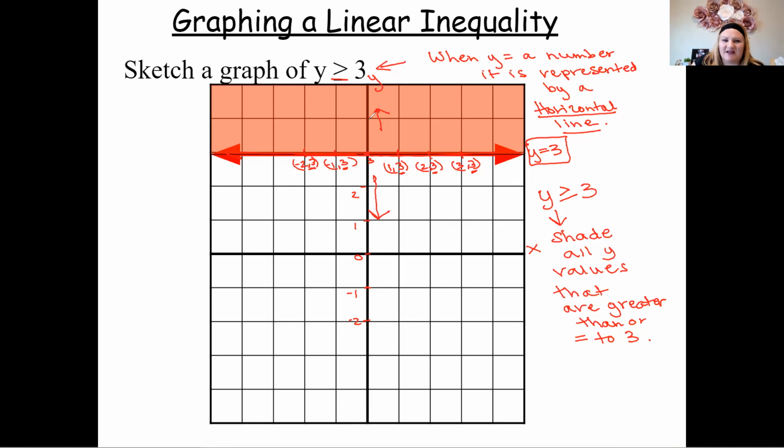So we look on the other side. This y value is 4. This y value is 5. So all of these are the greater ones. So you would shade this side. We would shade all of this because we want to represent all the greater values.